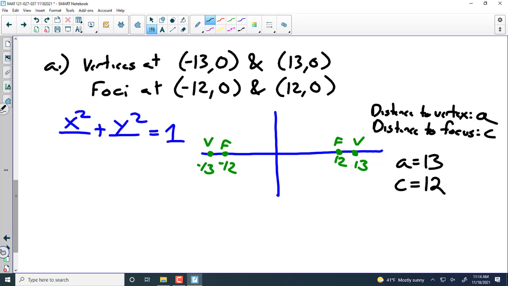What is A squared, everyone? 169. What is C squared, everyone? 144. In general, the relationship between A squared, B squared, and C squared is this.